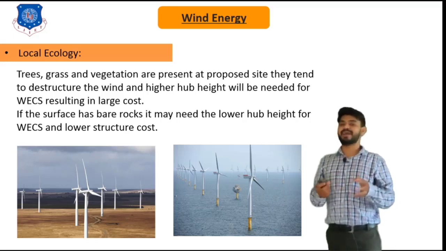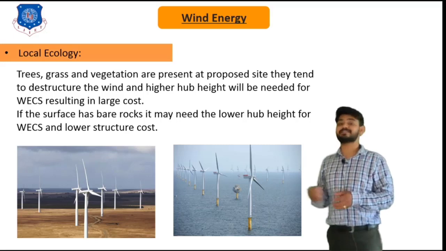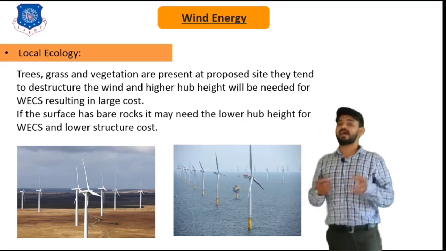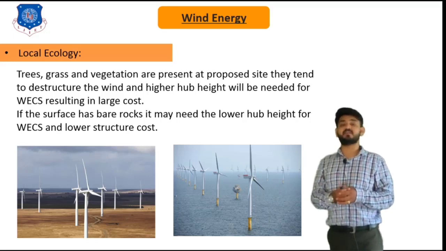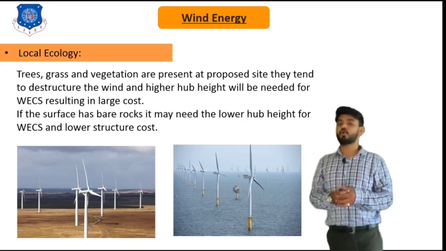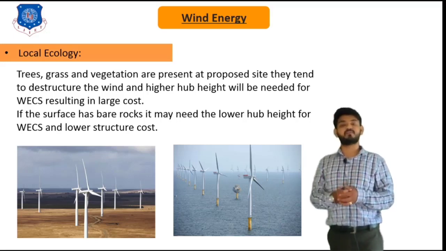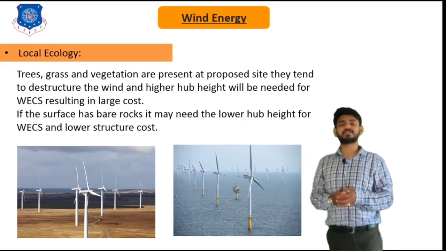While bare rocks or a water surface, such as here in the image, have no such effect, they do not destructure the wind, and hence a lower height hub is required. That reduces the total cost of the wind energy conversion system. Hence it is desirable to set up a plant near a water body or where bare rocks are available.